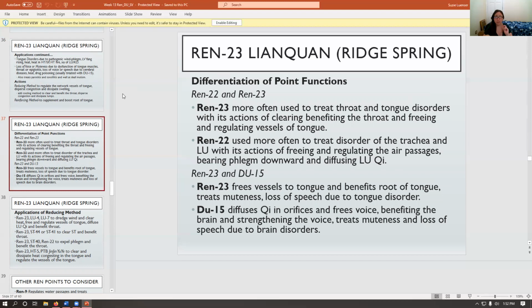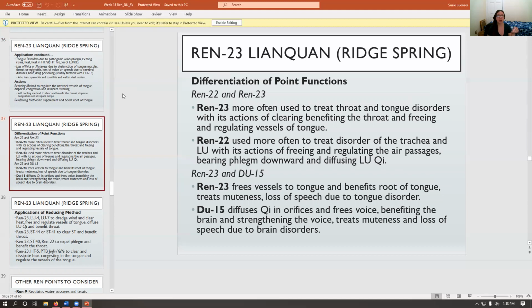Differentiation of Ren 23 and Du Pt1, because they both do treat issues with the voice, issues with muteness. Ren 23 is really about the physical aspect of the tongue, loss of speech due to tongue disorder. So what's the word I'm looking for here?